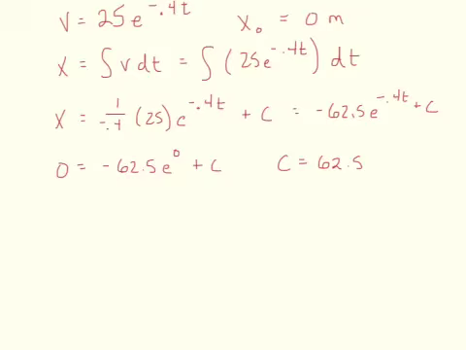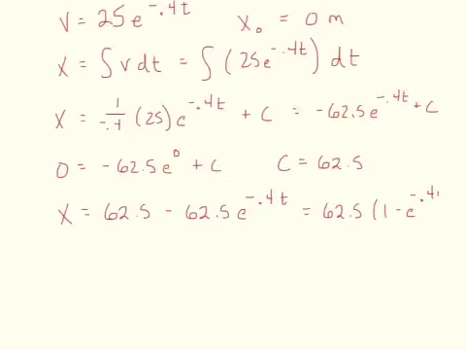So now I have my position as a function of time as 62.5 minus 62.5 e to the negative 0.4 t. And I usually leave it that way, but technically it is more simplified if you write it 62.5 times 1 minus e to the negative 0.4 t. But that equation to me is harder to use, so I typically don't simplify it like that.